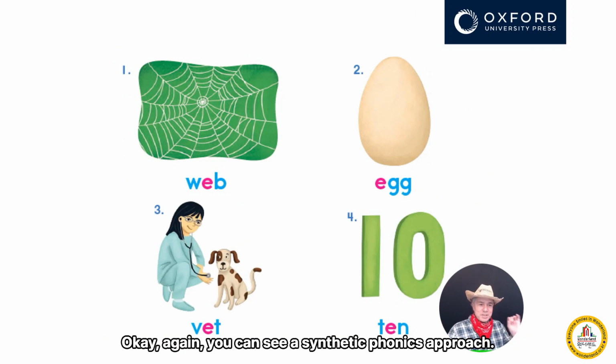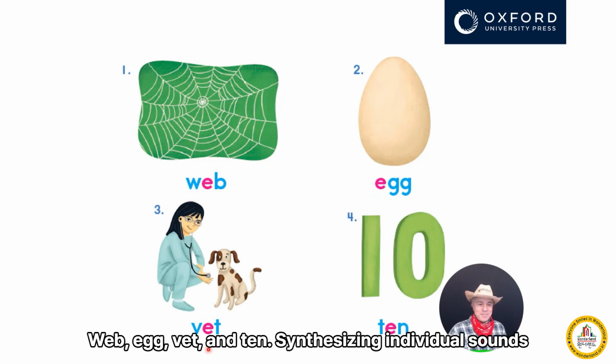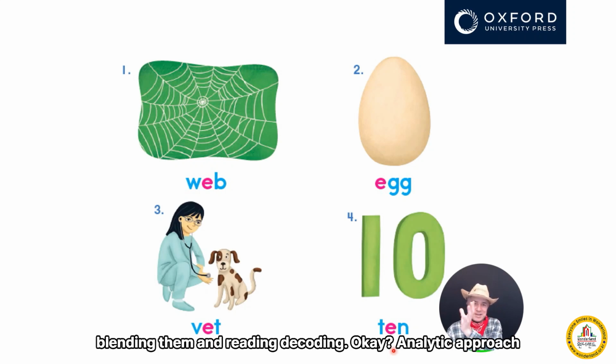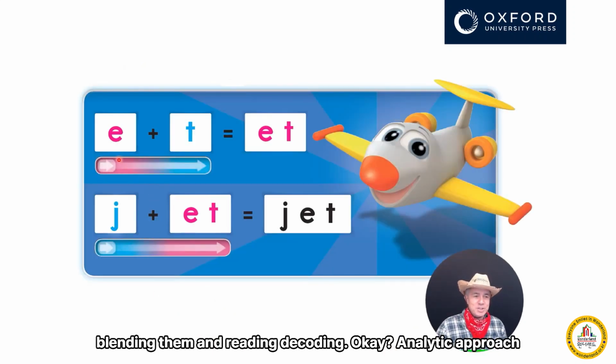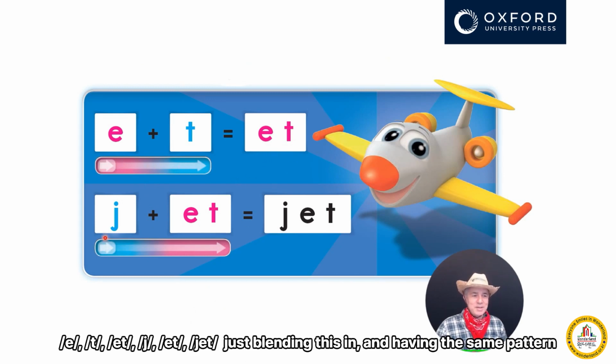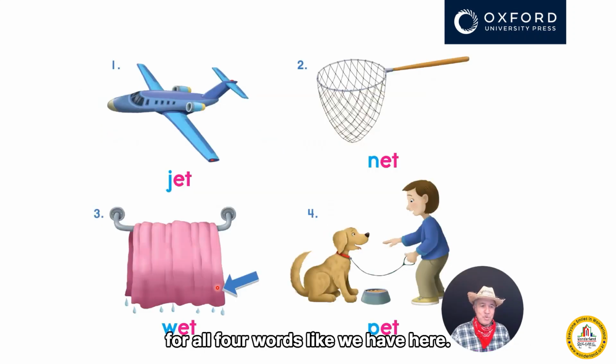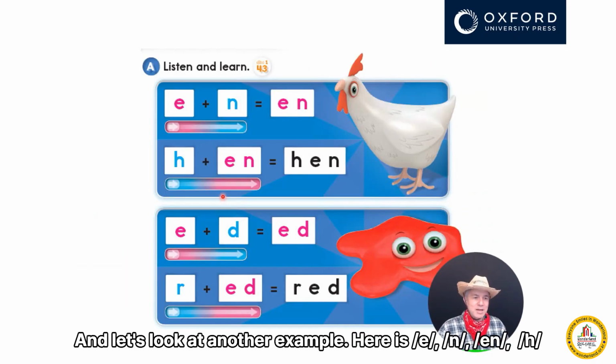Okay, again, you can see it. Synthetic phonics approach: web, egg, vet, and ten. Synthesizing the individual sounds, blending them, and reading, decoding. Okay, analytic approach: et, j, et, jet. Just blending this in and having the same pattern for all 4 words like we have here. Okay. And let's look at another example.